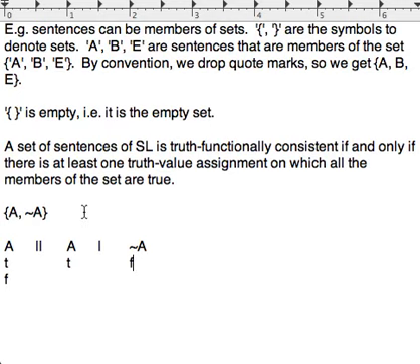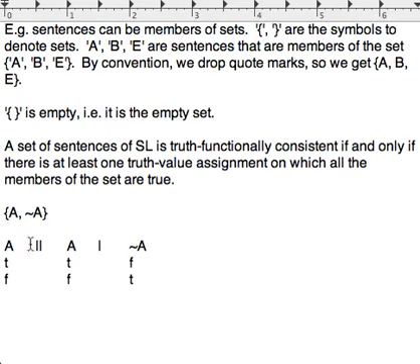So we're just looking at a scenario in which both of them could be true at the same time, where what we mean by at the same time is that they both can be true on the same truth value assignment. So let's consider the second truth value assignment where A is assigned false. Here A is false, and for our second sentence, not A turns out to be true. So again, they're assigned different truth values on this truth value assignment.